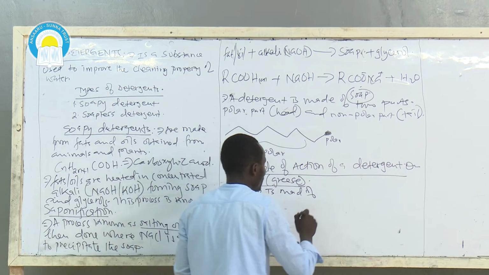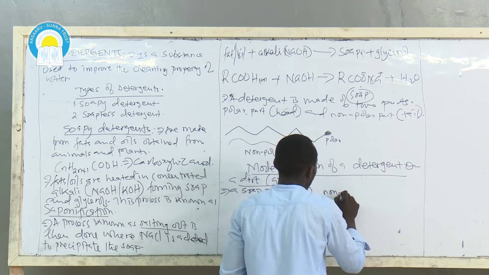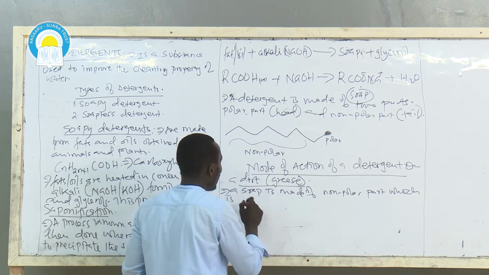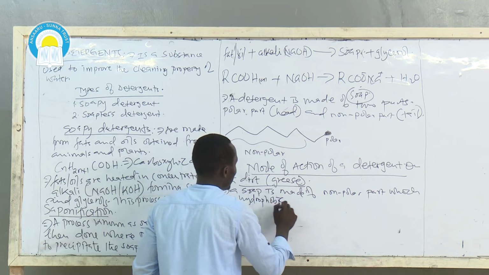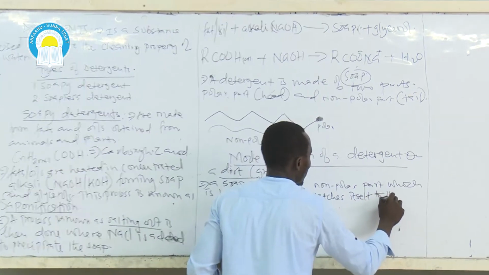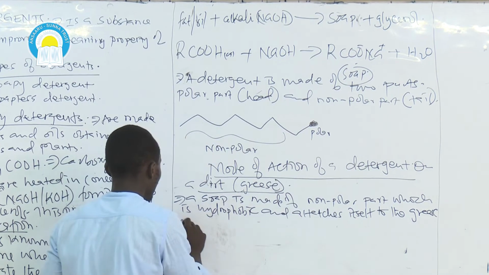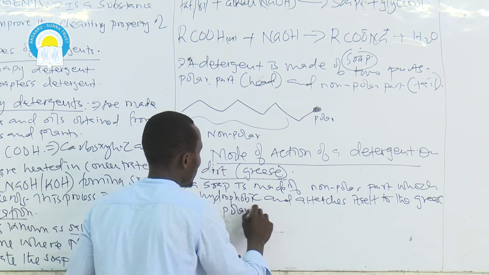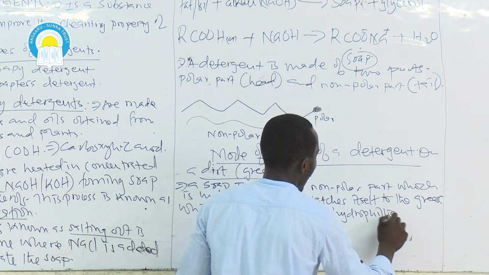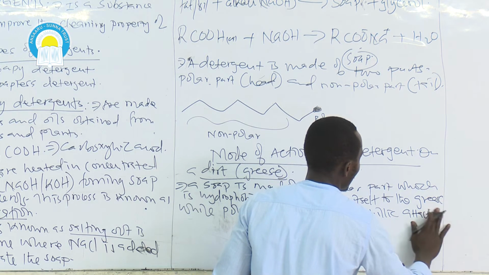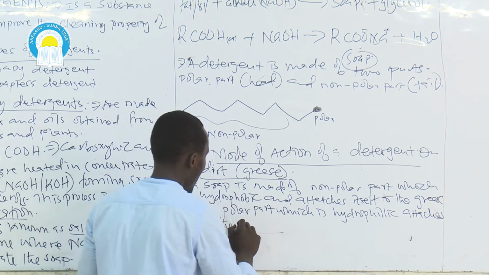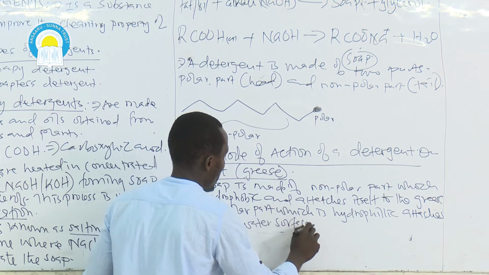is made of non-polar part, which is hydrophobic and attaches itself to the grease, while the polar part, which is hydrophilic, attaches itself to the water surface.